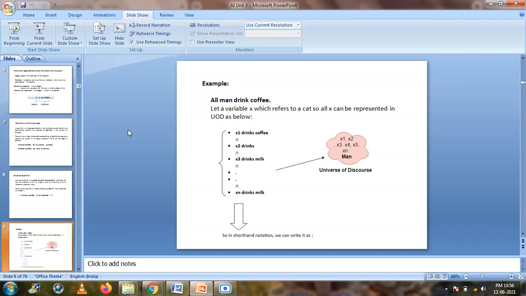Example: all men drink coffee. Let's assume this program: x1 drinks coffee, x2 drinks, then x3 drinks. And what's the statement? All men drink coffee. But suddenly, not all people drink coffee; x3 drinks milk only. But how does the human mind think? All men drink coffee means the human mind also thinks x1, x2, x3 up to xn also.